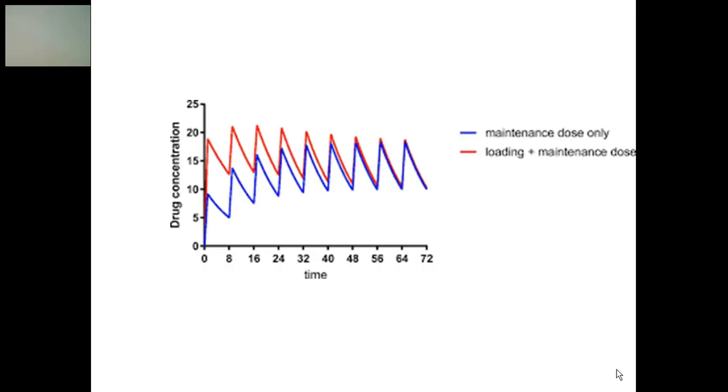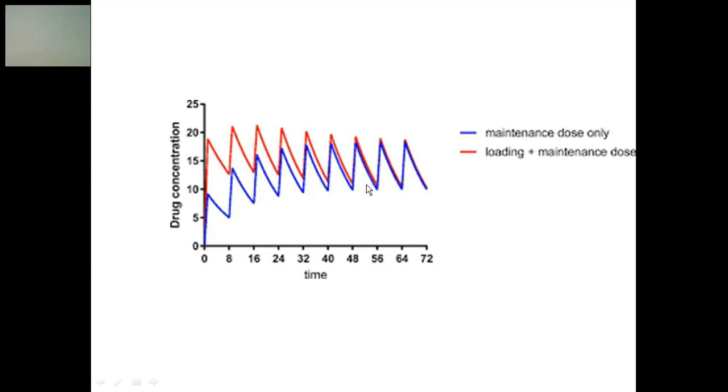You can see in this concentration time curve, I am showing two kinds of multiple dosing. One is the blue line. This is called the conventional multiple dose, and you can see the steady state concentration is achieved after around 5 to 6 half-lives.